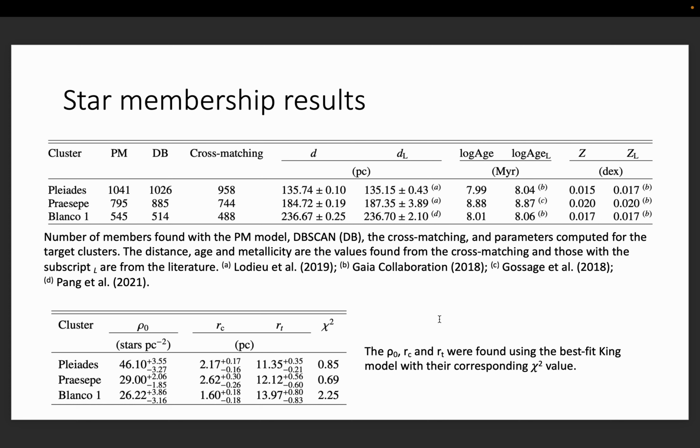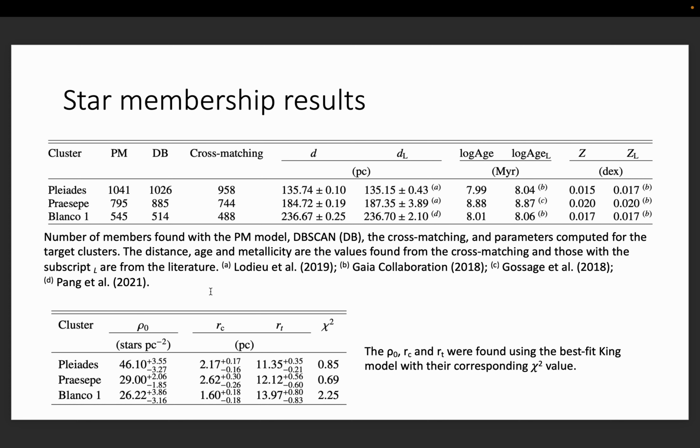We see here the star membership results, and the first big general result is that both algorithms find almost the same number of stars in each cluster, and the final sample was made using the cross-matching of these two results.